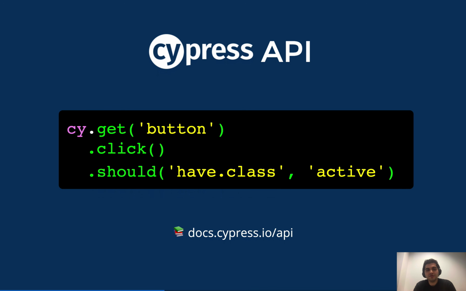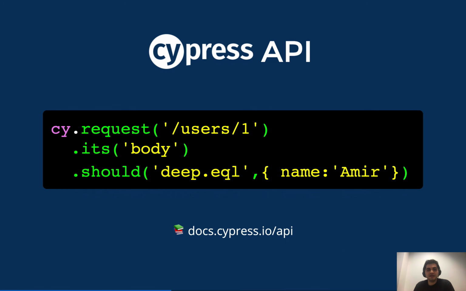This is a simple use case, but you can do even more advanced things like making a request against an API endpoint, then grabbing the response body and making an assertion against that response body. Cypress commands are very easy and simple to use, but their functionality is actually very rich. So they typically accept multiple types of arguments that expand their potential use cases.